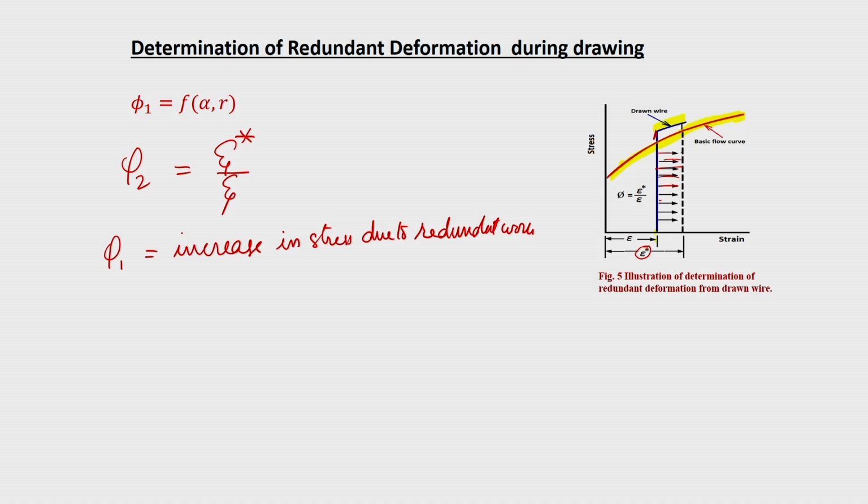Now, if you try to find the relationship between the deformation zone geometry and the redundant deformation, you can always correlate it in this form. Phi 2 is equal to C 1 plus C 2 into delta, where delta is your geometrical factor.